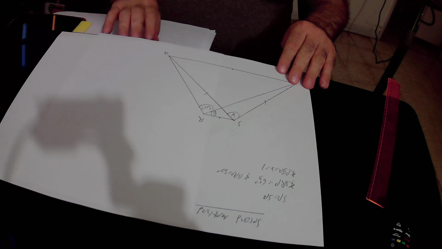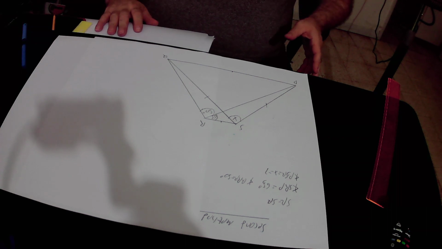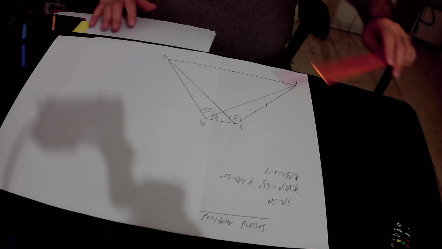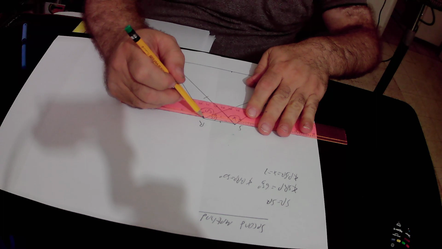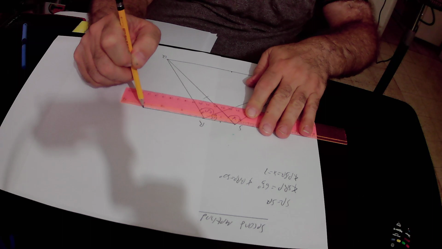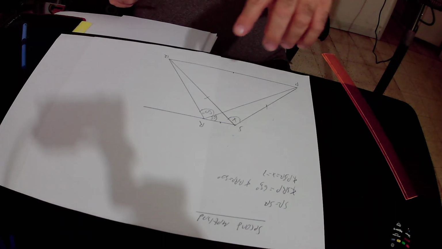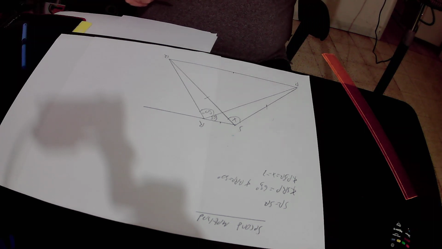So, in the second method, we will do another construction. We will extend side SR of quadrilateral SRPQ by a straight line.